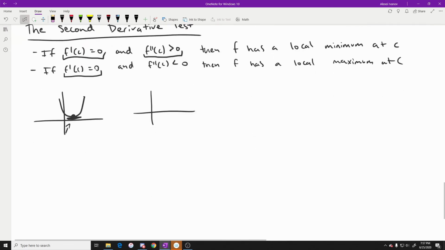And a concave down function would look something like this. And this must be c right here because it's a critical value, meaning the slope of the tangent is horizontal. And from here we know that this point must be a local max because it is a critical value, and on top of that it's concave down on this interval.